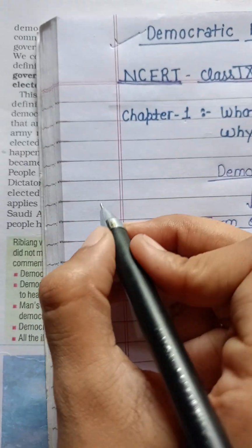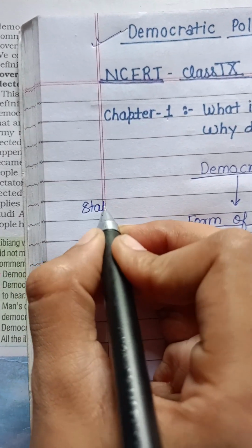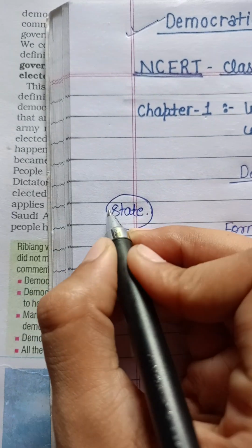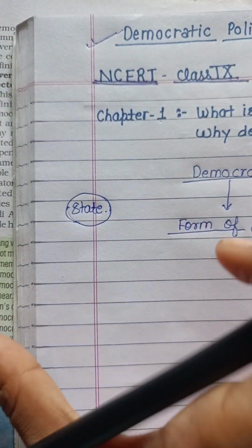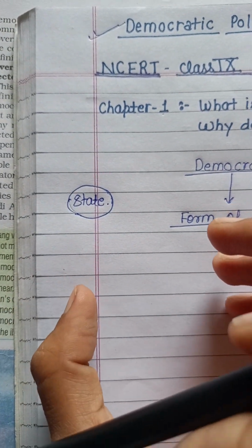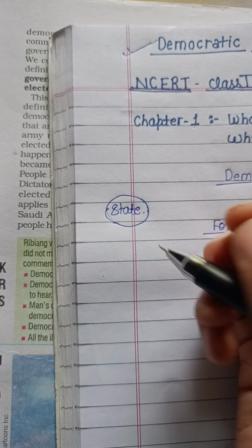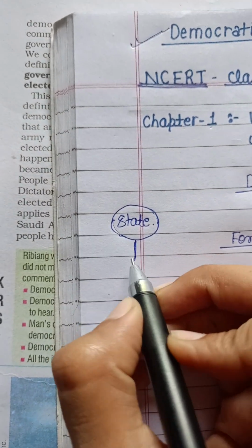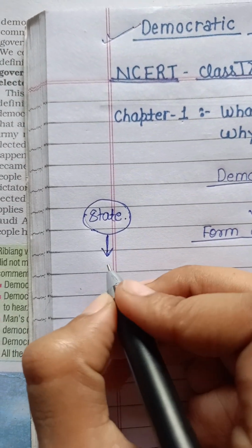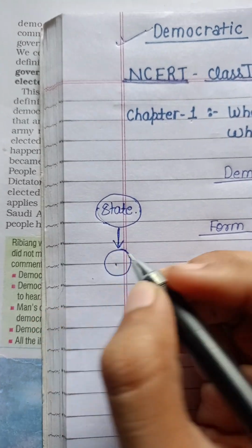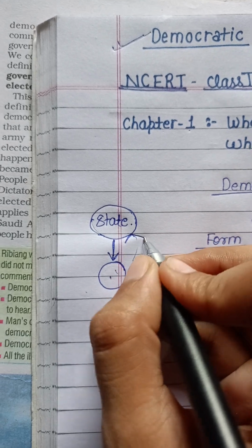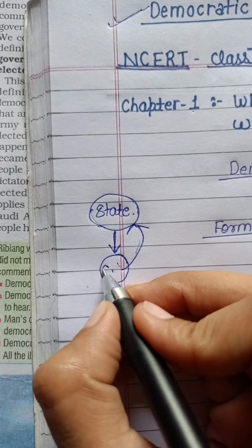When there is a state, state means there is a territory where people are residing, and the people are going to be governed by a group of people. Now this group of people are going to rule over the people of the state, and that is called the government.